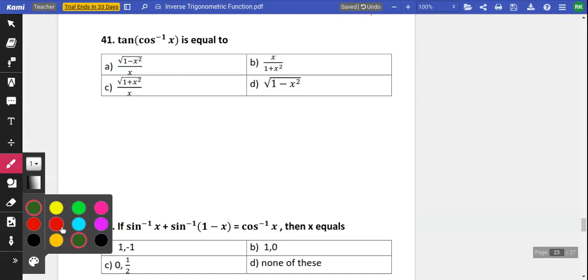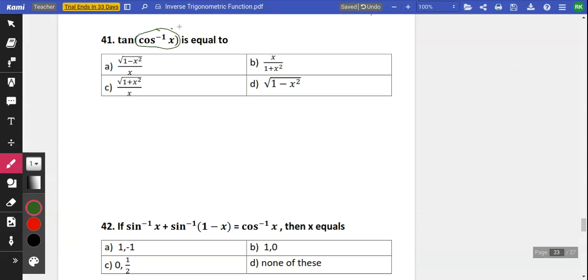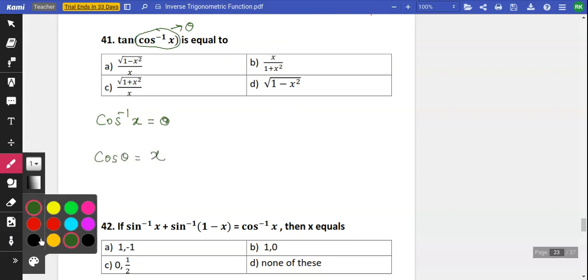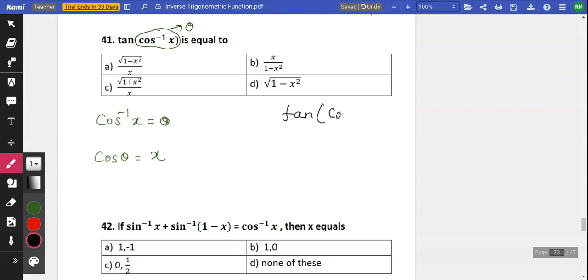Same question. Again we take this term as theta. Cos inverse x is equal to theta and cos theta is equal to x. Tan cos inverse x, and cos inverse x is taken as theta, so we have to find the value of tan theta only.